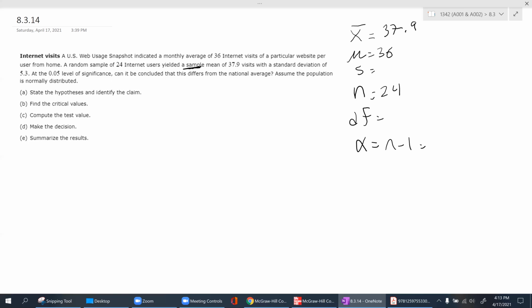It's referring to the sample standard deviation. So again, it's not a population mean or a population standard deviation, so please be careful. What was I saying? Yes, sample standard deviation, which is 5.3. Nice.